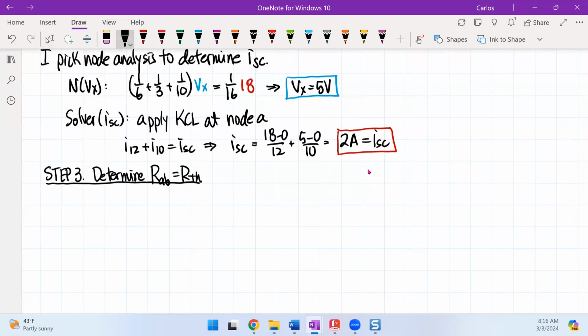So if I look at the ratio here, we then see that RAB, which is RTH, is going to be VOC divided by I short circuit. We already calculated that this was 12 volts. Now this is 2 amps, and I get 6 ohms for RTH.